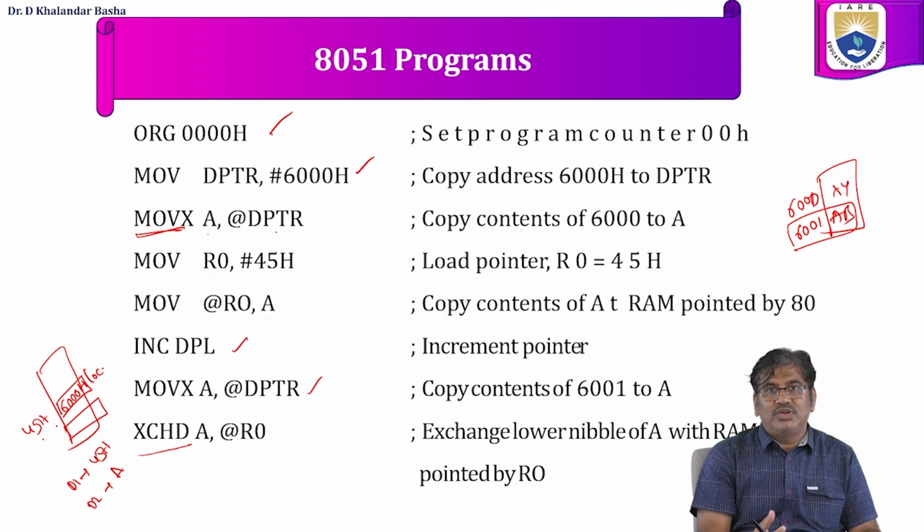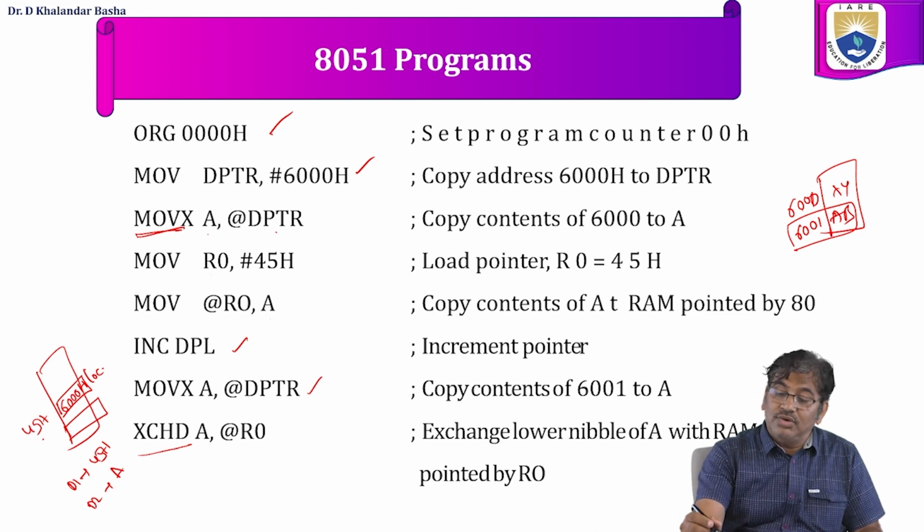The lower 4 bits of 6000 will be exchanged with the accumulator, but not with 6001. Later we will see that. So now this Y is swapped with the accumulator contents. Now the accumulator content is AB, so B will sit here and Y will be placed here.